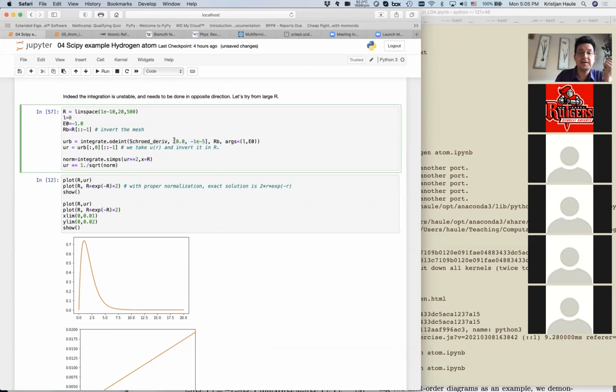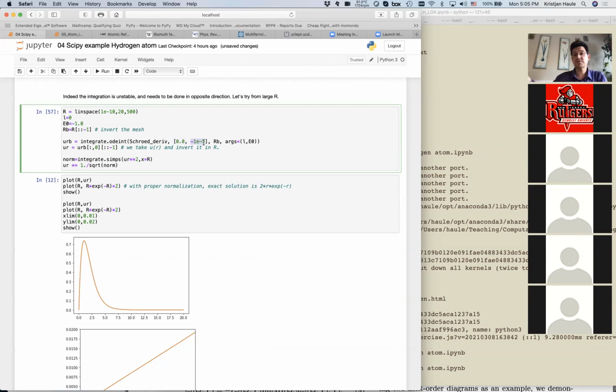It's important now that we take a slightly different initial condition. Namely, the value at infinity is also 0, or very, very exponentially small, so we can set it to 0. And then the derivative should be some small number.